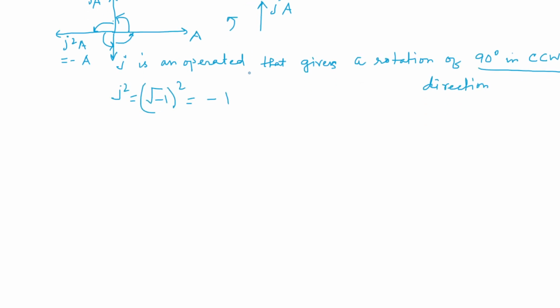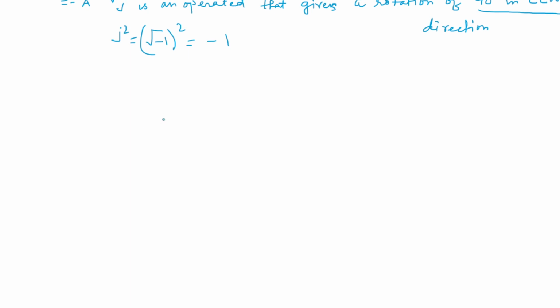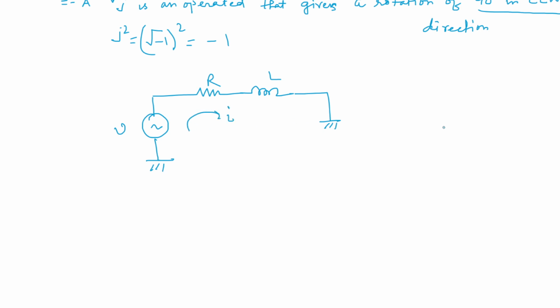Now consider the phasor diagram. That was the circuit for you: this is R, that is L, and this is your alternating supply V. We have assumed the current is the same, so we take current as our reference phasor.